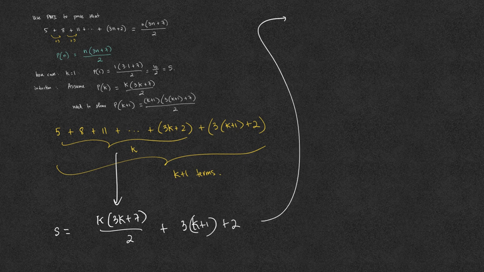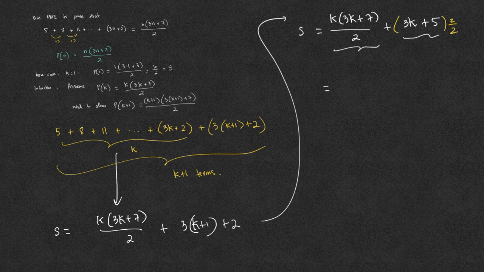Simplifying this, we have the sum equals k(3k + 7)/2 plus 3k plus 3 plus 2, which is 3k plus 5. We then combine the two terms, the first term and the second term, by multiplying 2 over 2 to the second term so that we have the common denominator of 2.